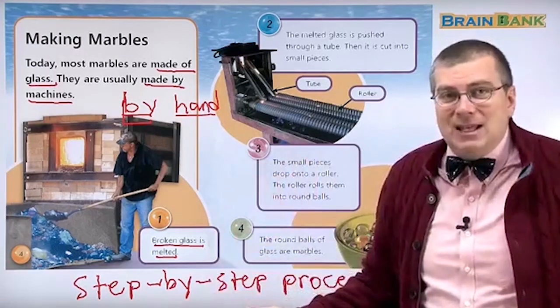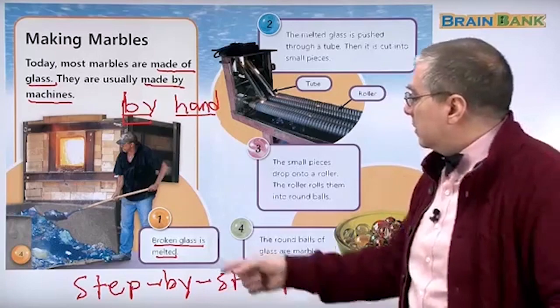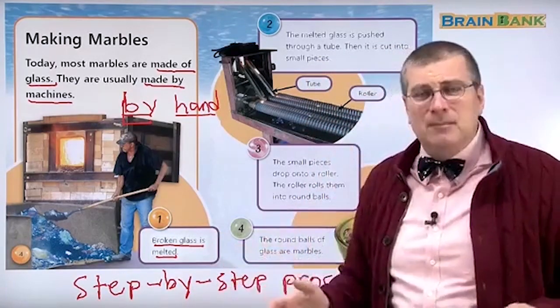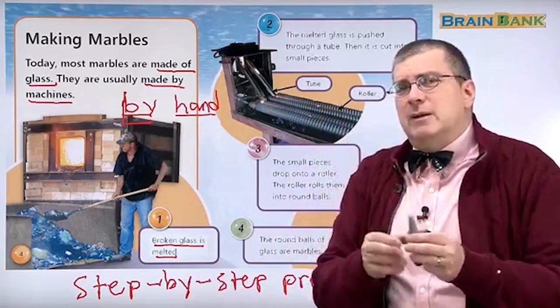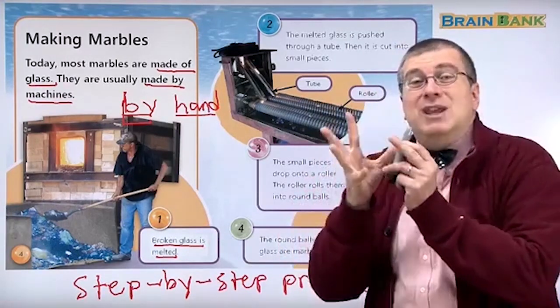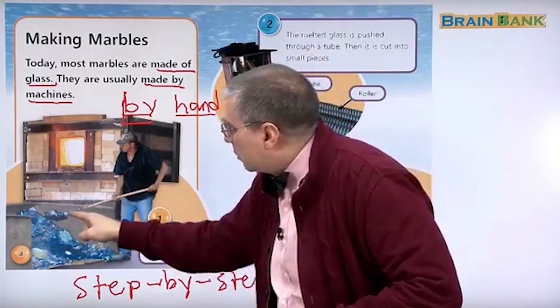But that's not the end. We can use that glass again. So we take that broken glass and we melt it. Melt is when you take something that is solid, that has a shape to it, and you heat it up, right? You put it in an oven like that. This is all the broken glass.